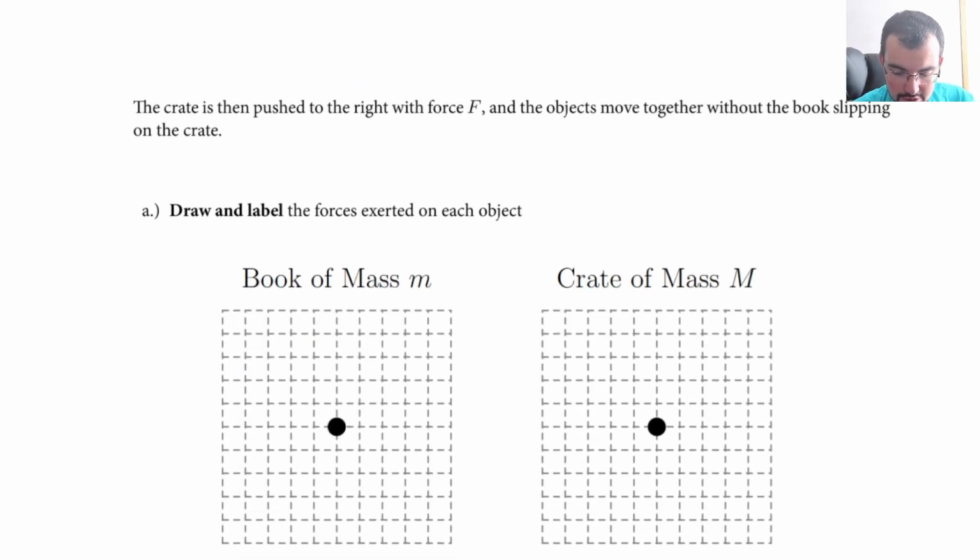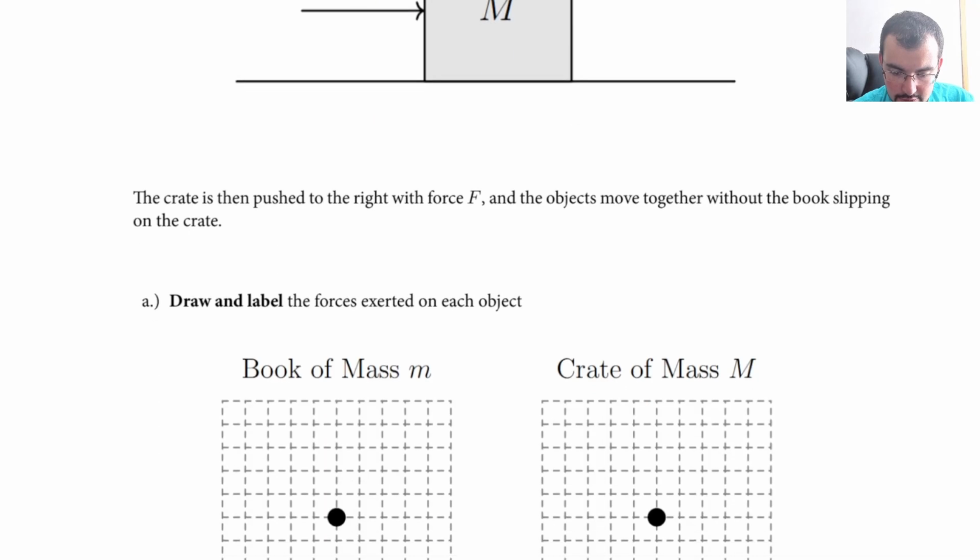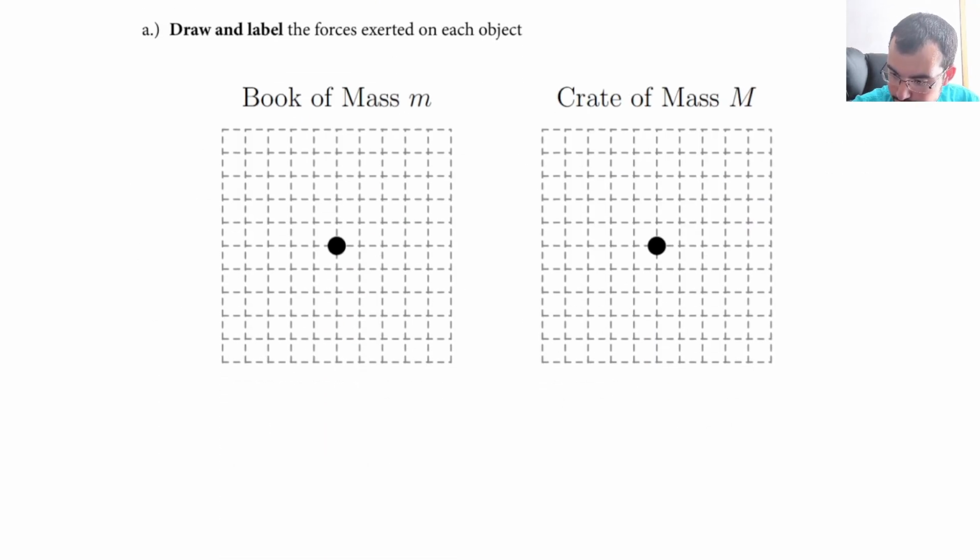All right, let's draw the forces. So first we have our book. This one's pretty easy because the book is just going to have some sort of a weight. Then it's going to have a normal force.